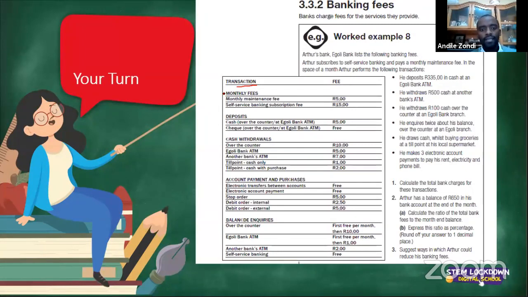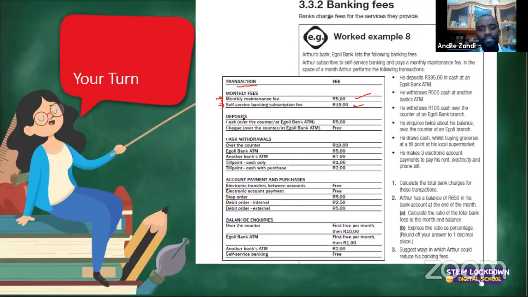The first one says monthly fee, which means each and every month, whether you like it or not, you are paying these amounts. The first amount is 5 rands, for maintenance, and a further 15 rands for service fee, banking subscription fees.